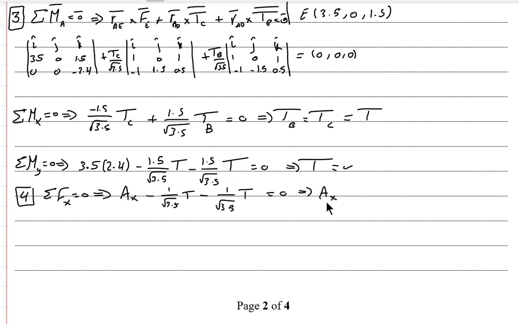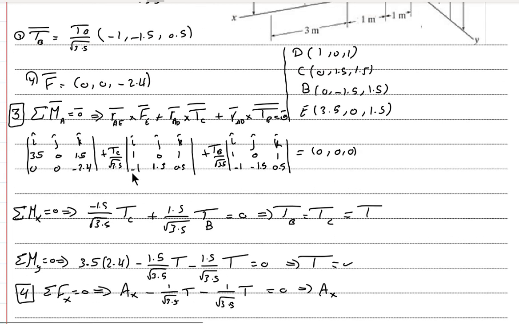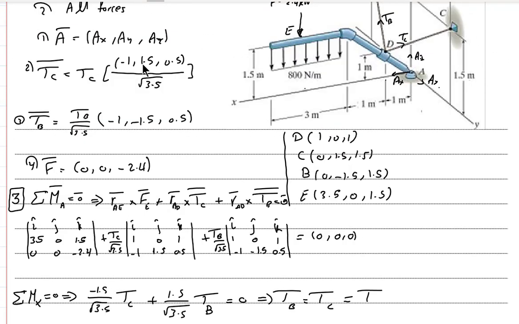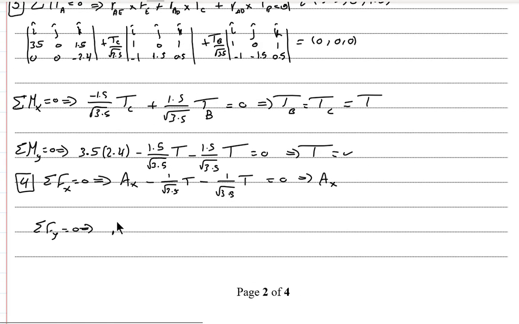By this way we can get the value of AX. Also sigma Fy is equal to 0, which means that AY plus 1.5 T over root 3.5 minus 1.5 T over root 3.5 equals 0, so AY should be 0. And finally sigma Fz equal 0.